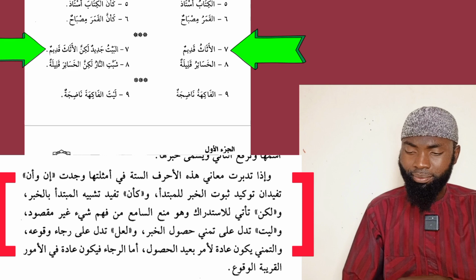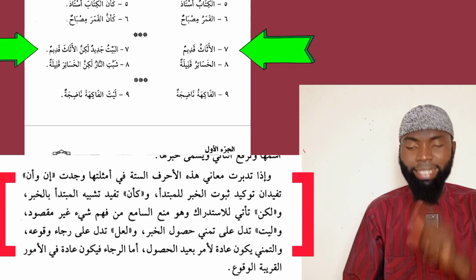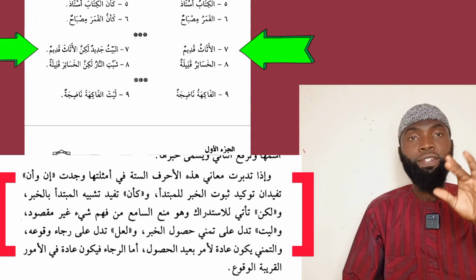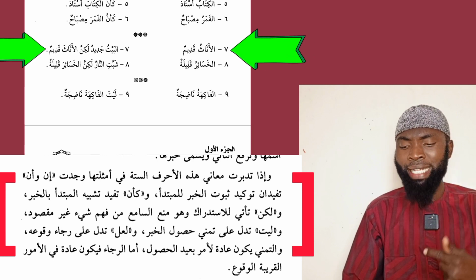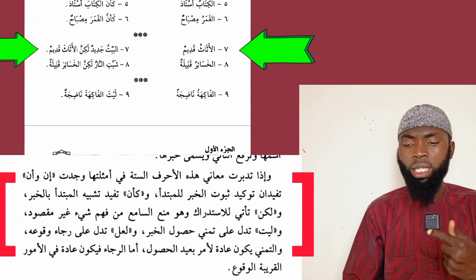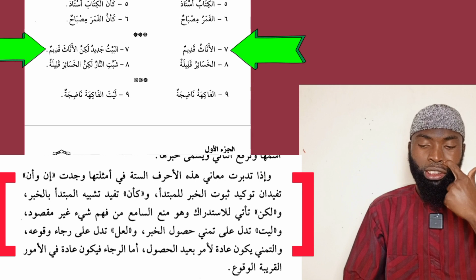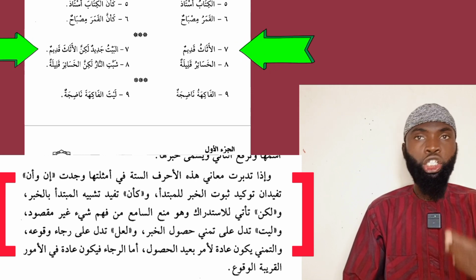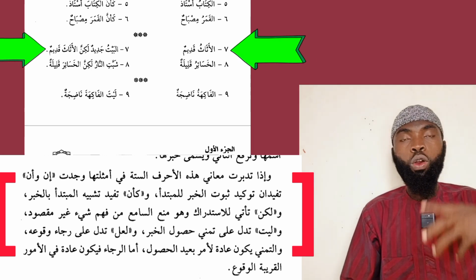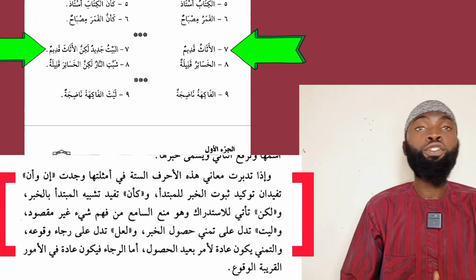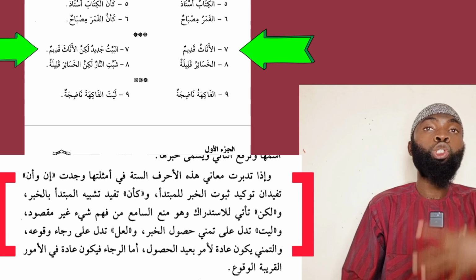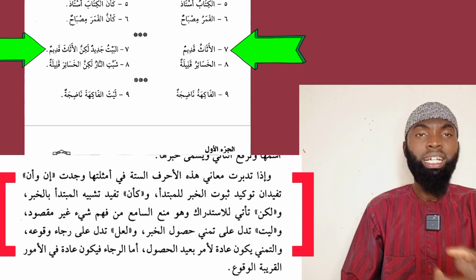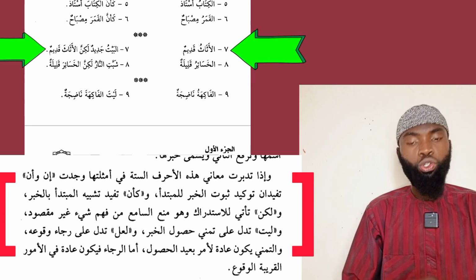Now let's move on. Then later, which is the 5th particle, tadullu ala tamanni husulil khabari. It is used when you are being hopeful, when you have an expectation of the occurrence of the predicate. When you give an information about it now and you have this expectation that this is going to happen, that's when you use later.